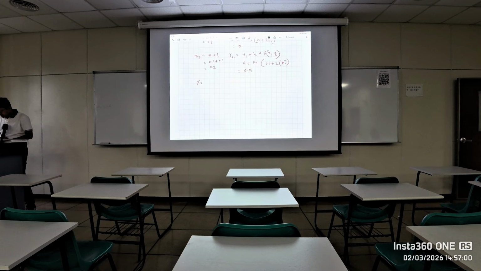Then x3 is x2 plus h, that is 0.2 plus 0.1, that is 0.3. y3 is y2 plus h into f of x2, y2.